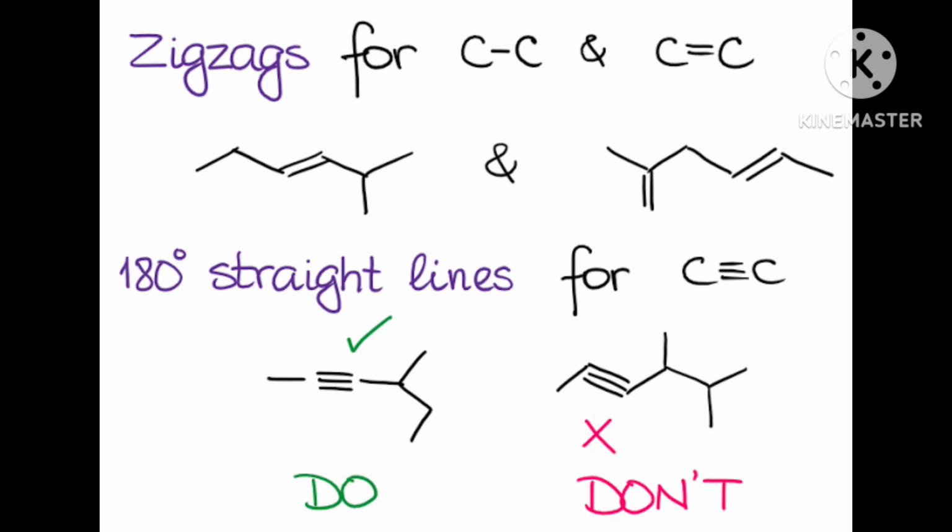If you count how many carbons are there: 1, 2, 3, 4, 5, 6, 7, 8. Eight carbons.